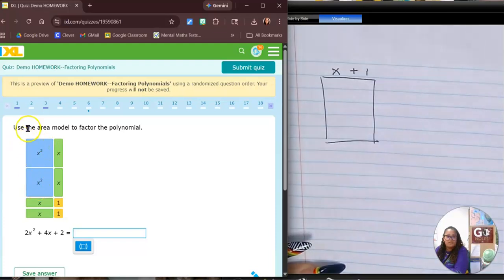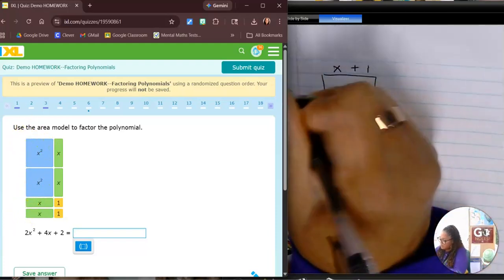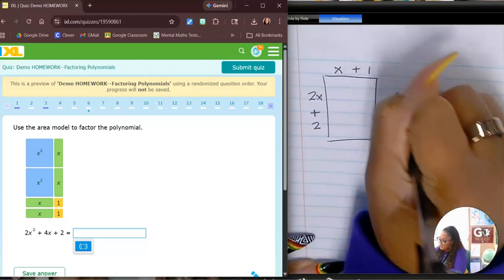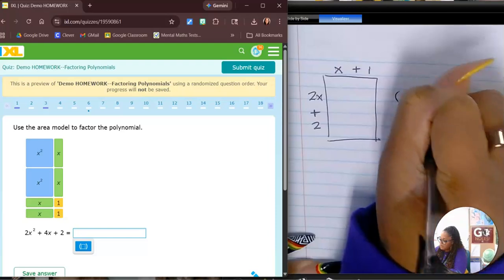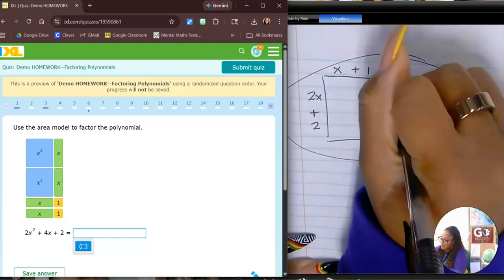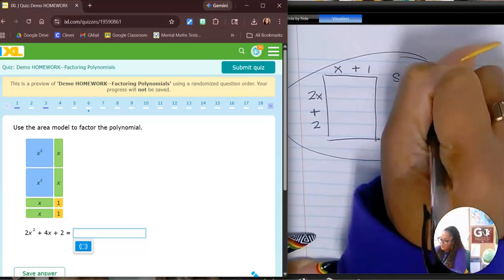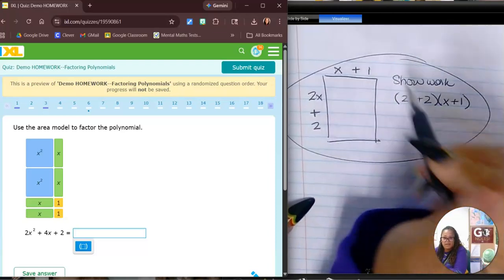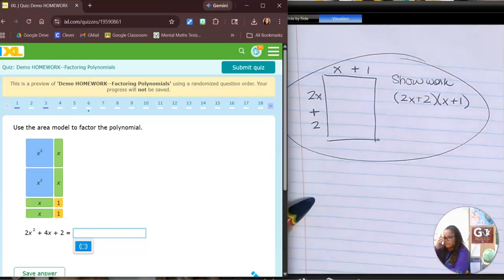And then this is a 2x and then 2 rows. So 2x plus 2. So that's how I do that. 2x plus 2 times x plus 1. This is how we show our work. No, we don't have to do all the other fun, pretty stuff over here. We just need to have the rectangle drawn.